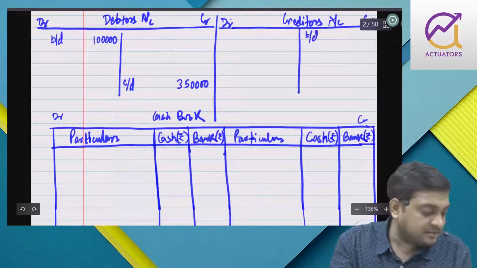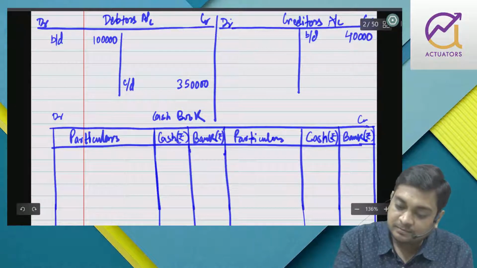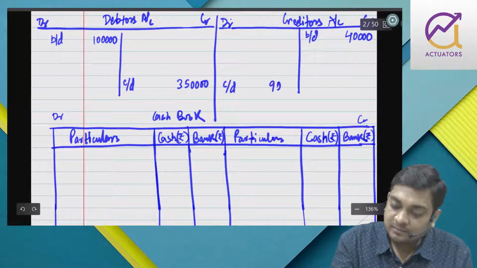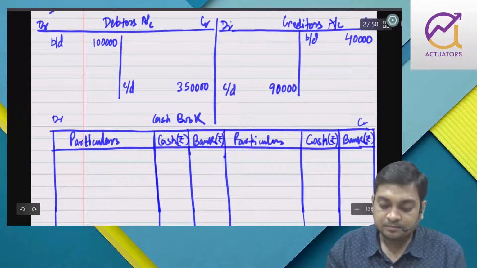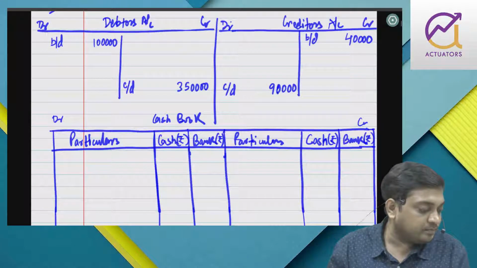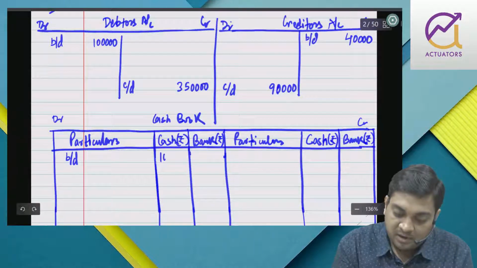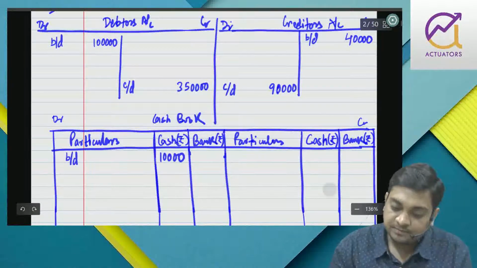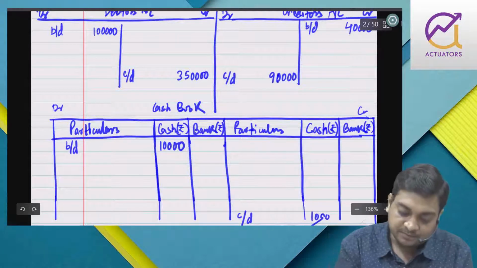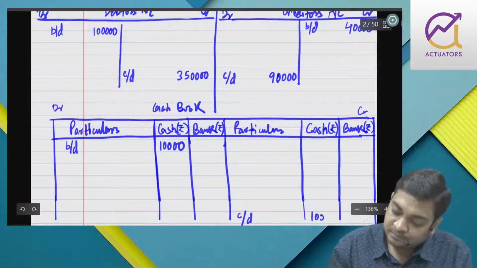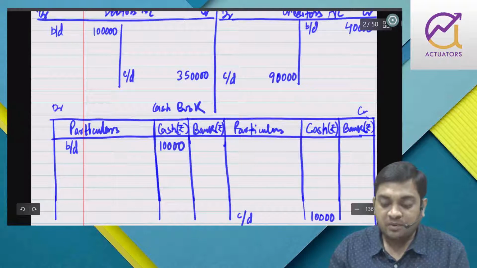Then creditors, the opening balance is 40 and the closing balance is 90, right? Okay. Cash, the opening balance is 10,000 and the closing balance is also 10,000, because they are telling that we are maintaining 10,000 cash balance, right?